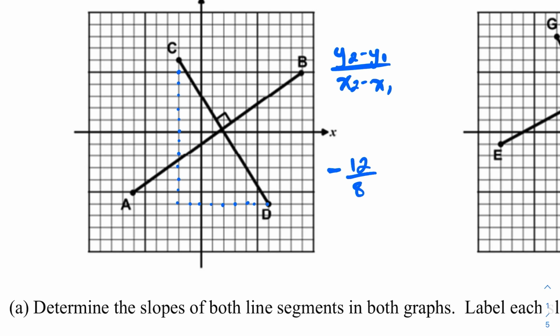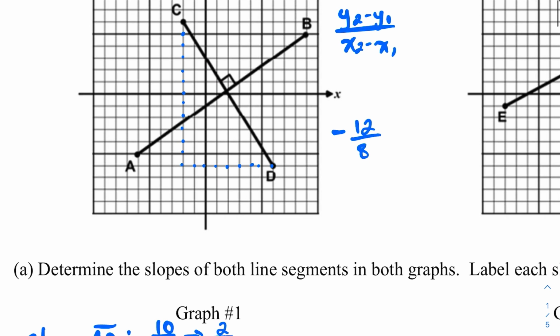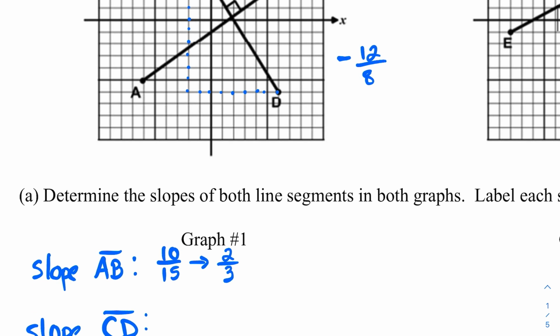The line is going down, that's a negative slope. Okay, so negative 12/8, and that's going to simplify to negative 3/2, if we divide by 4: 12 divided by 4 is 3, 8 divided by 4 is 2.